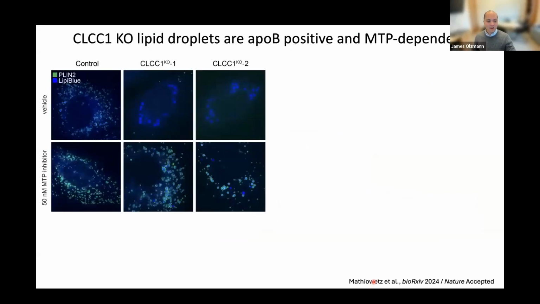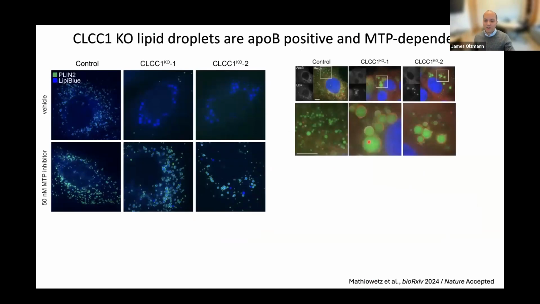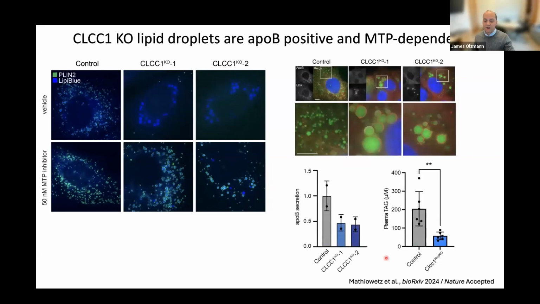So Alyssa went back to her cells. As you can see here, our knockouts are devoid of PLIN2 because the droplets are in the lumen. If she treats with an MTP inhibitor and blocks the formation of lipoproteins, it reverses the flux of neutral lipids, and we get PLIN2 lipid droplets, which appear to be cytoplasmic and normal. Those lipid droplets that are accumulating in the knockout are ApoB positive, and we also have altered secretion of lipoproteins, both in our cellular model, looking at ApoB secretion, and in our in vivo model.